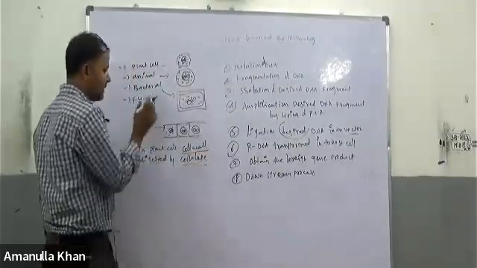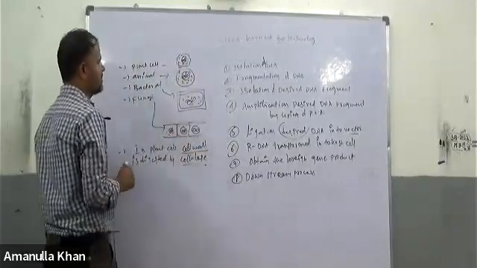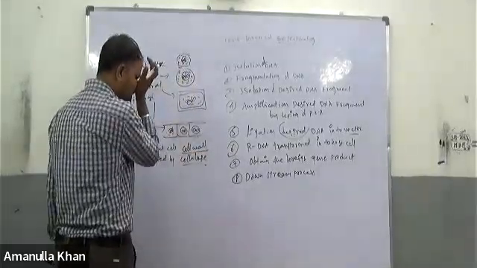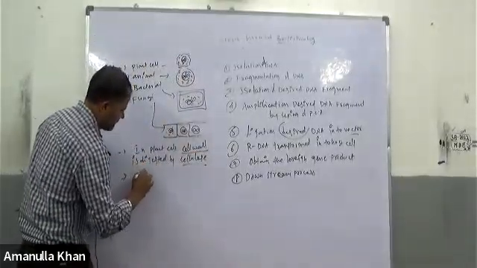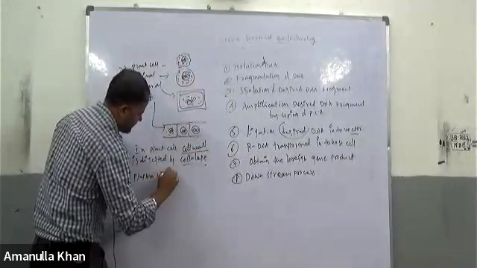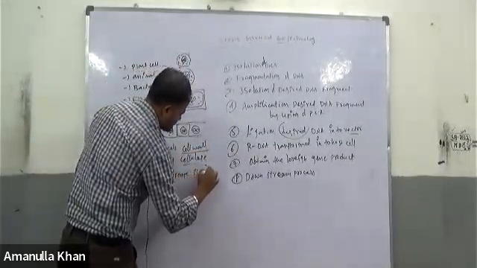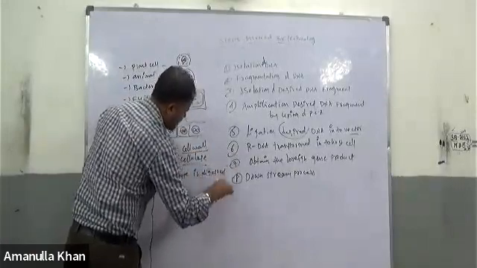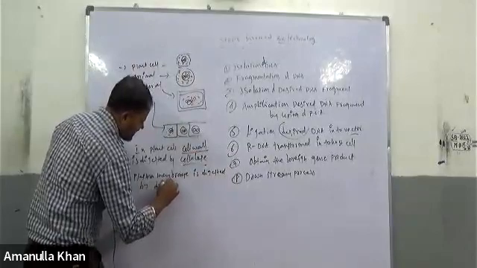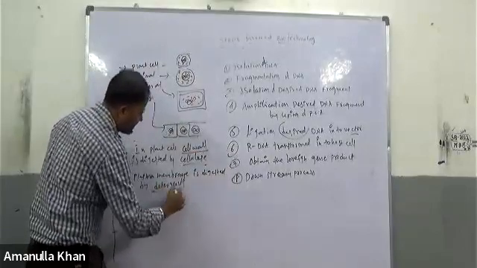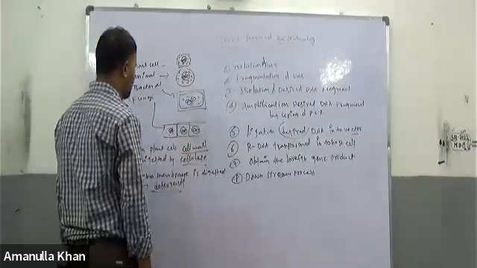Now below the cell wall is the plasma membrane. The plasma membrane is digested by using detergents. Then in the cytoplasm there are macromolecules and micromolecules.